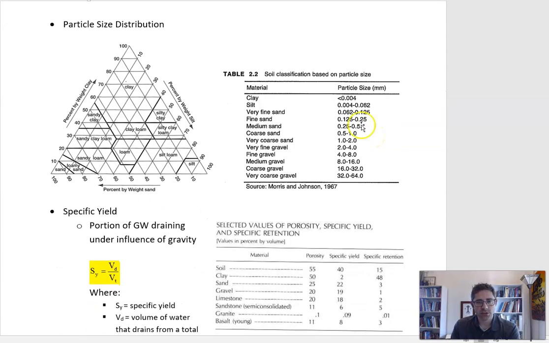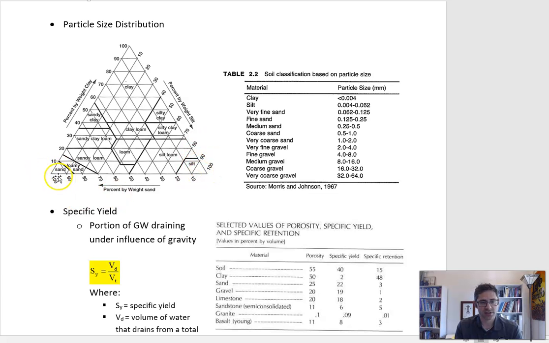Particle size distribution, you've also probably learned about this with sands, silts, and clays. You may have seen this triangle, percent sand, percent clay, and percent silt. You can get your percentages of those three types located on this triangle and figure out what kind of soil you're dealing with. So if you have a lot of silt, you're over here in silt.